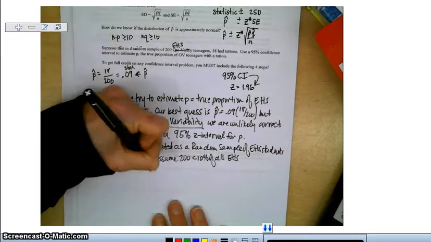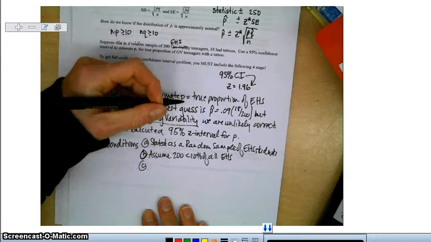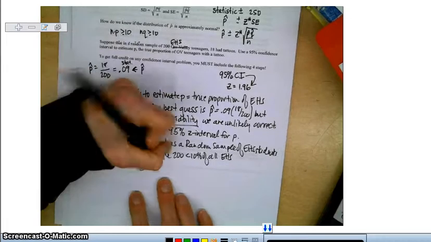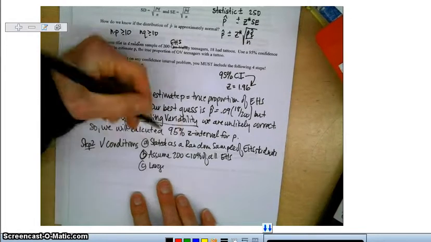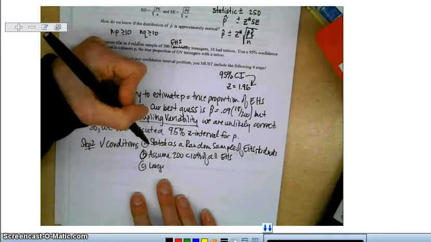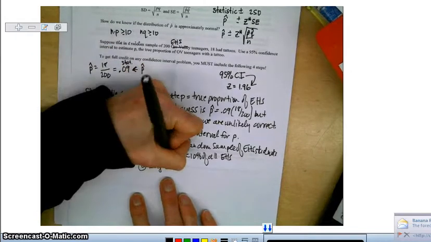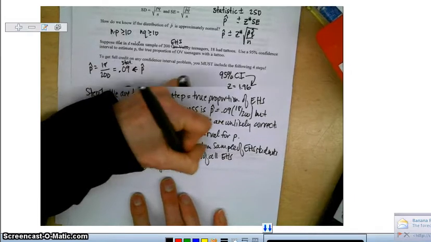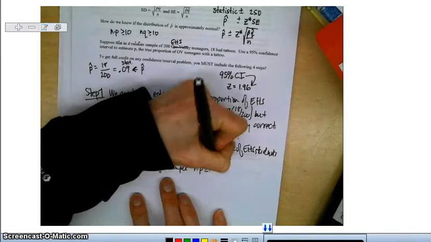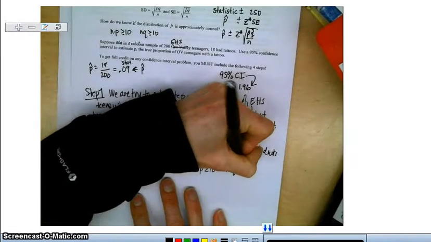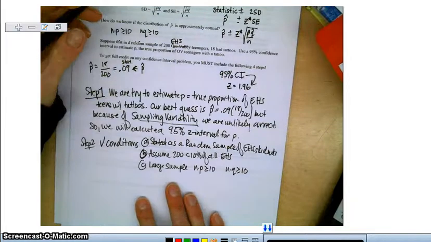All right, part C, is it a large sample size? So large sample size, remember this is the randomization condition, the independence condition, and large sample size. For p hat it is n times p is greater than or equal to 10 and n times q is greater than or equal to 10, and you have to write this and show it.